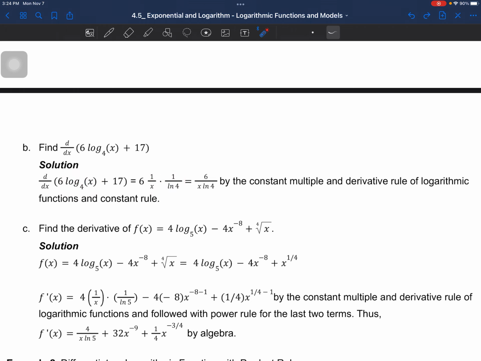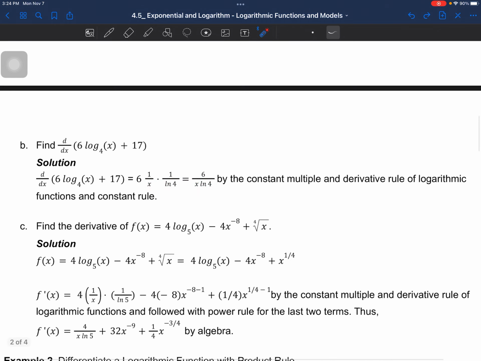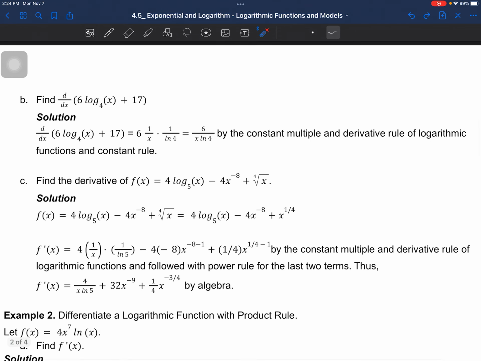What's the derivative of this logarithm? 1 over what's inside times 1 over the natural log of your base, which is 4. And then plus the derivative of 17. But the derivative of 17, because it's a constant, is 0, so we didn't write it.